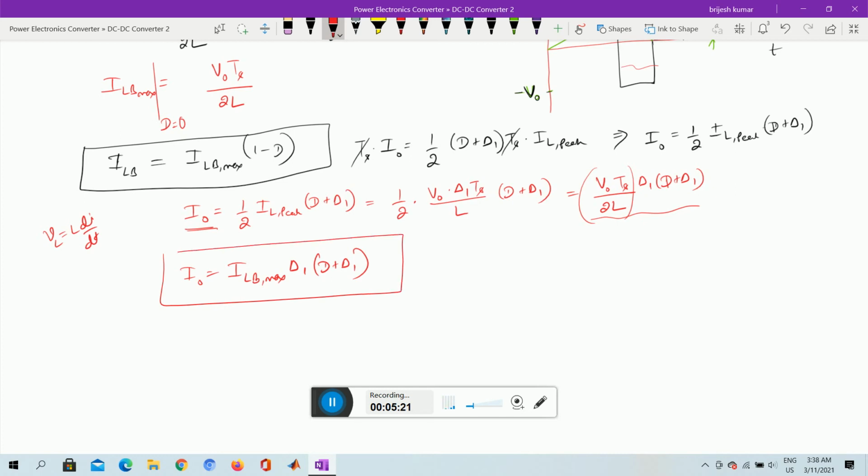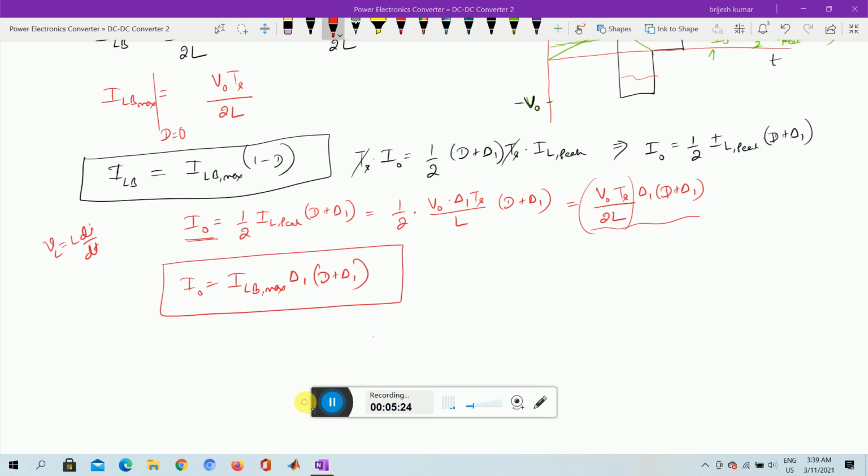This is the expression we get here. And also we have V0 by VD, which is written as D by (D plus del 1). This we have seen. So here we can substitute the value of D plus del 1, so that we can get a unique value of del 1.